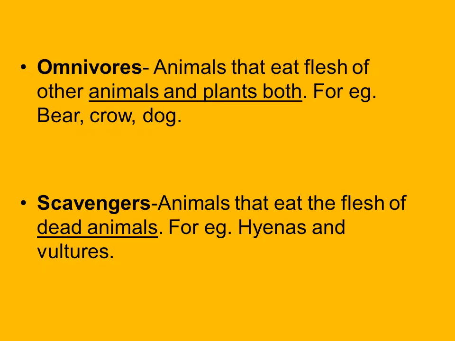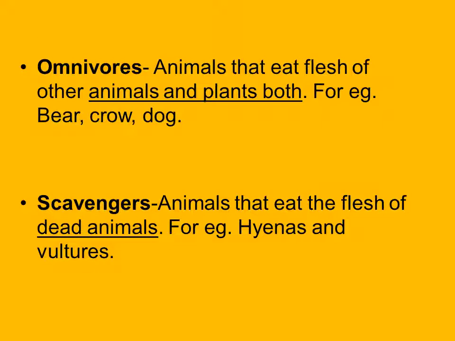Now the next keyword is omnivores: animals that eat flesh of other animals and plants both. It's not only flesh or only plants. They eat flesh and they eat plants, both of them. Hence they are called omnivores, and the examples are bear, crow, dog.